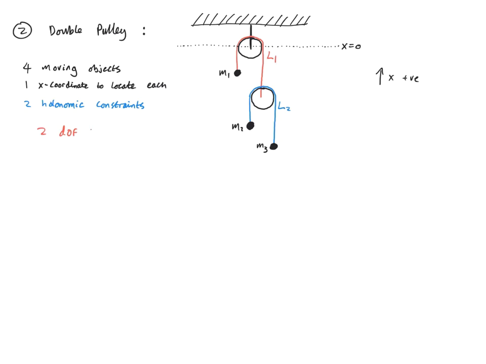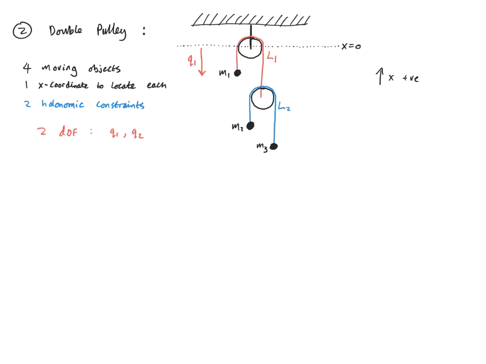Let's call those Q1 and Q2. To get us started, let's say that the x coordinate of mass number 1 relative to our chosen origin is precisely this degree of freedom Q1.